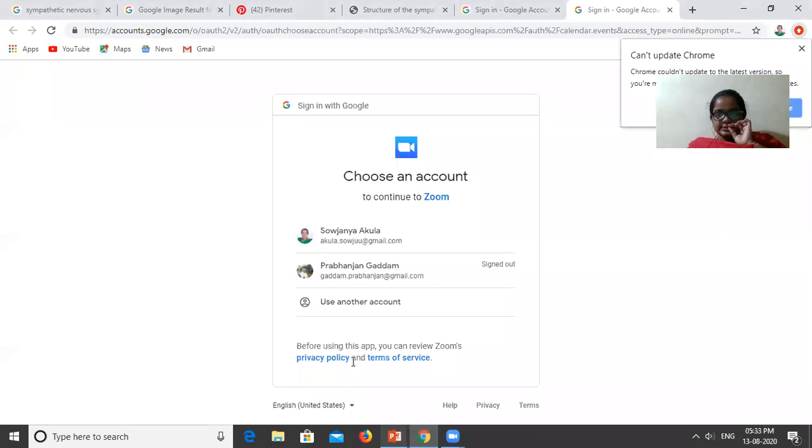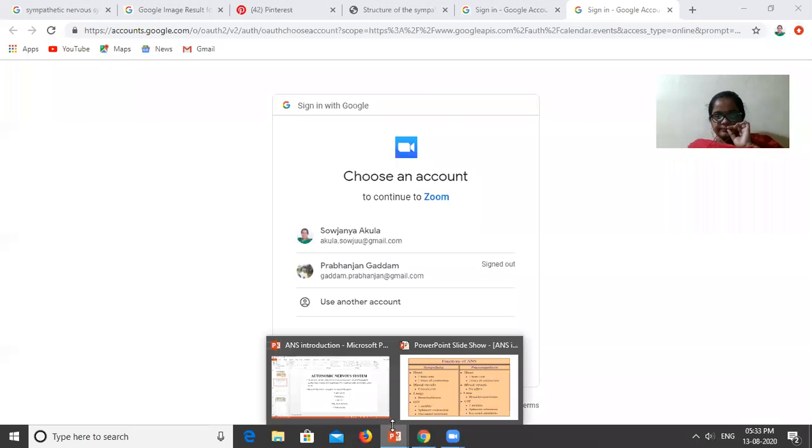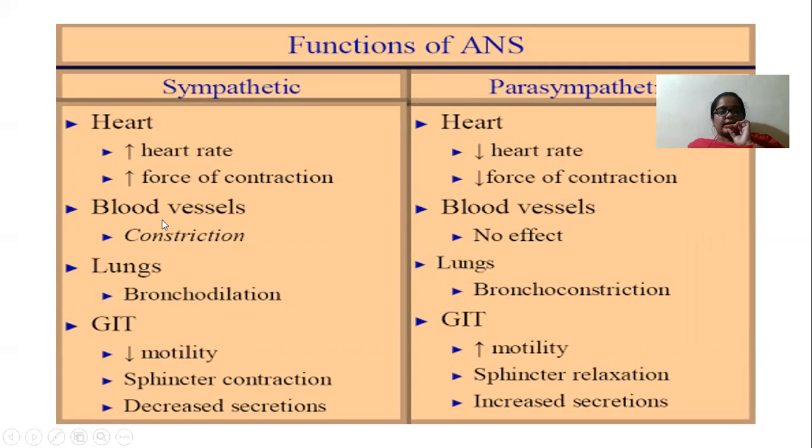In blood vessels, the sympathetic nervous system causes vasoconstriction, while the parasympathetic has no effect. In the lungs, sympathetic causes bronchodilation and parasympathetic causes constriction. In the GIT, motility decreases in sympathetic and increases in parasympathetic.